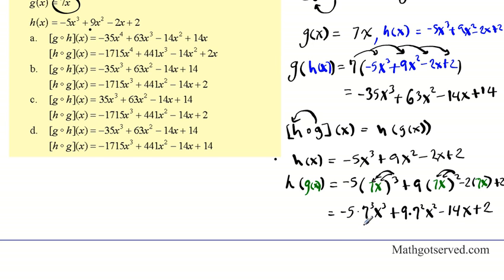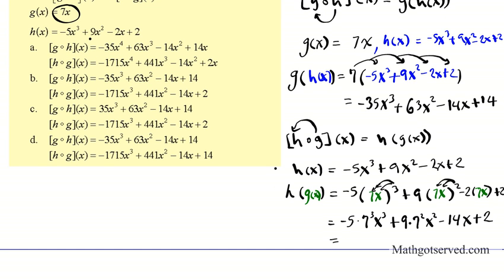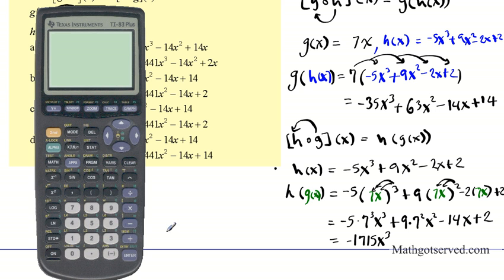Okay, now if you multiply this out, you're going to get negative 1,715 x to the third. Let me do that with my calculator.